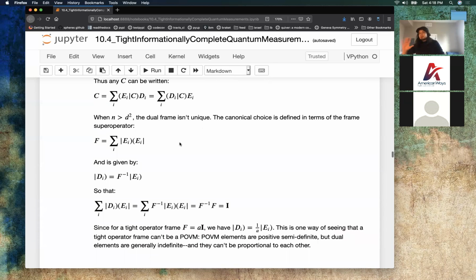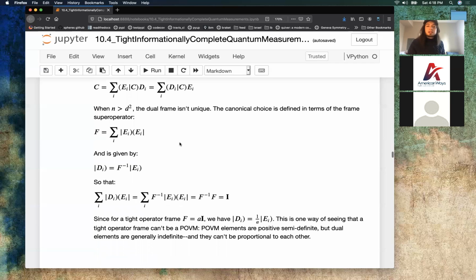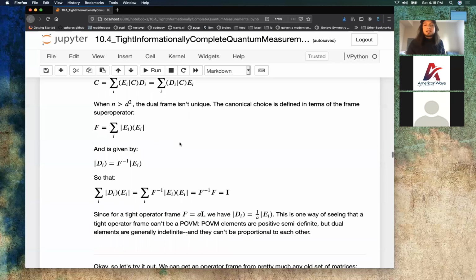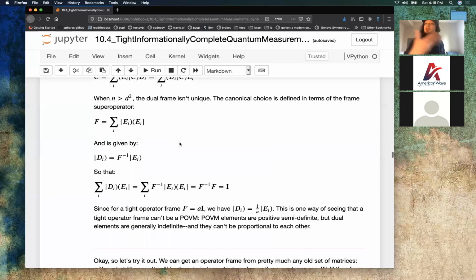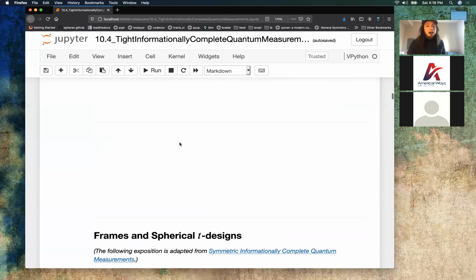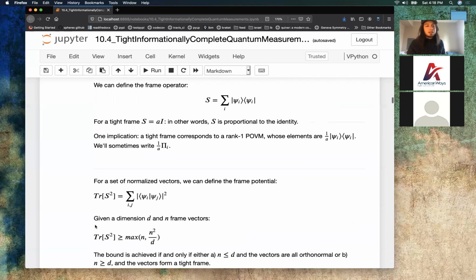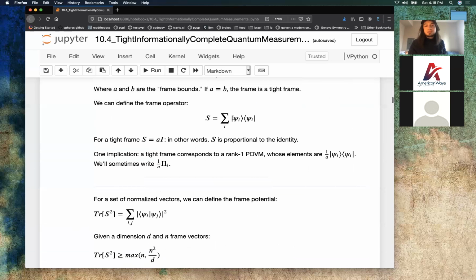Sometimes there's wiggle room about what the dual frame is. It's not uniquely defined, particularly when you have more elements in your operator frame than are necessary to span the operator space. But there's a canonical choice, which is defined in terms of the frame super operator. We talked about the frame operator, which was just this.